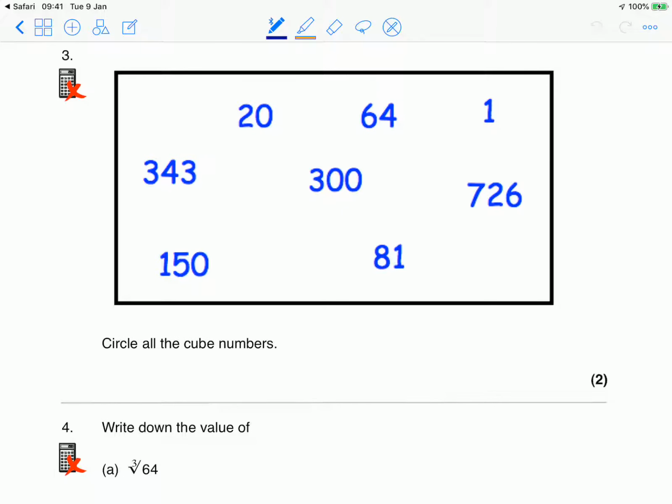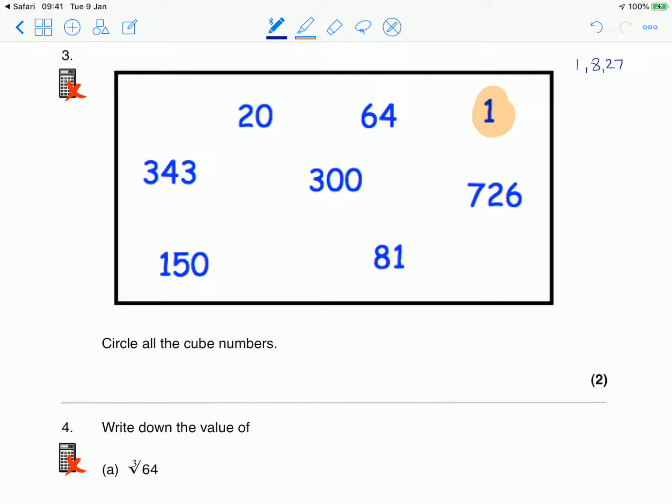So can you spot the cube numbers? Question 3, circle all the cube numbers. 1 times 1 times 1. 2 times 2 times 2 makes 8. That's not in there. 3 times 3 times 3 makes 27.